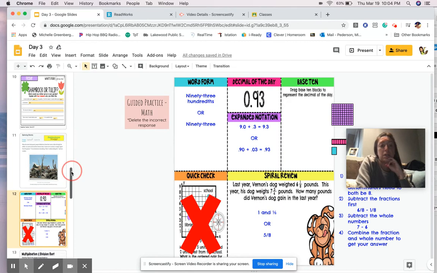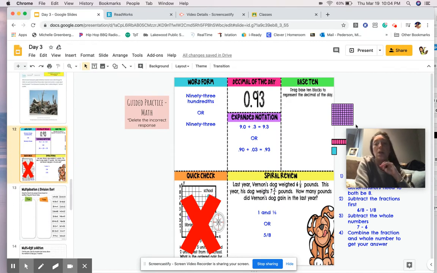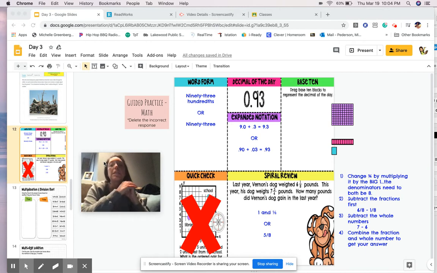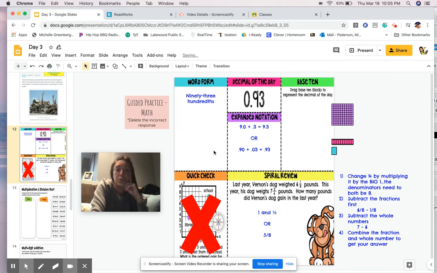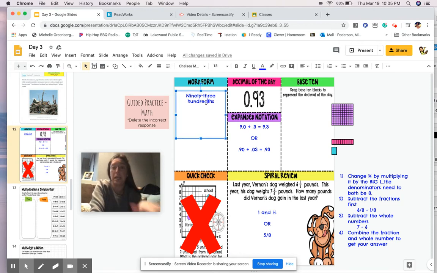And now here's our guided practice for math. What Miss Peterson did for you guys was put the answers in here, and you're just going to delete the incorrect response. So the word form, is this 93 hundredths or is it 93? I know that since it's 0 and 93 hundredths, the 9 is in the tenths, the 3 is in the hundredths, so I'm going to highlight this and hit the delete button so that 93 hundredths is in my answer.